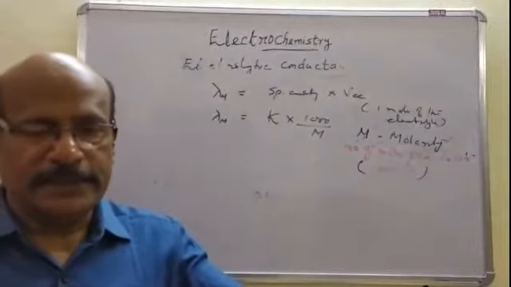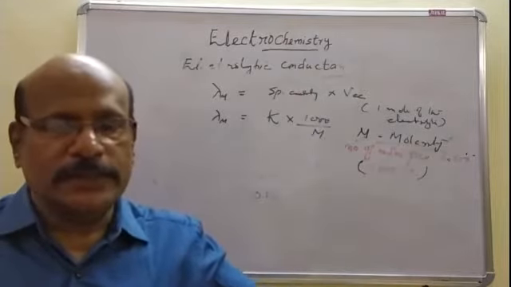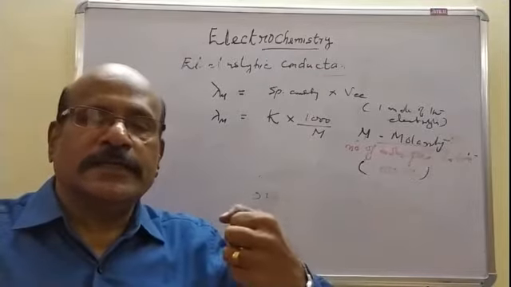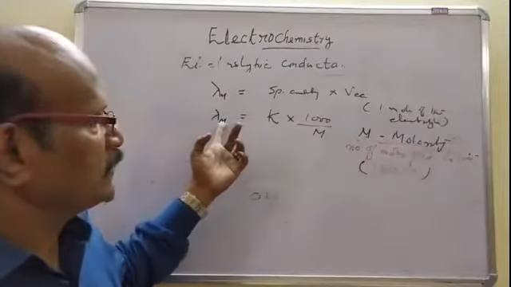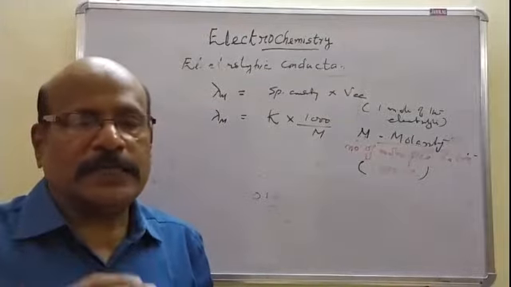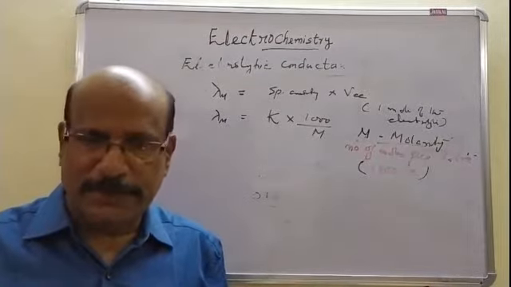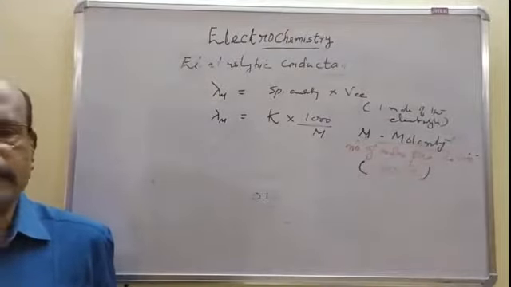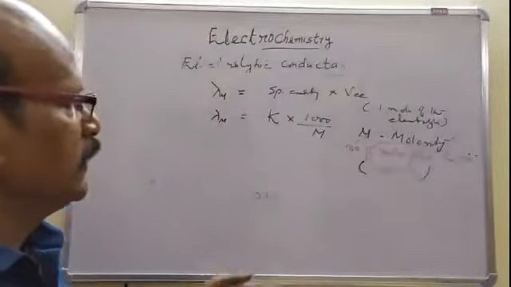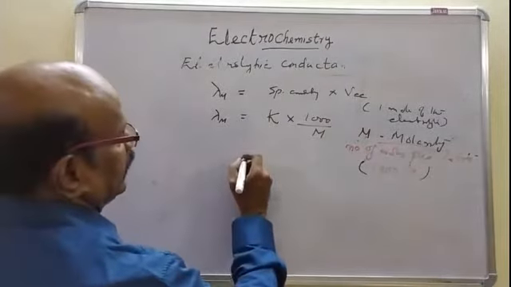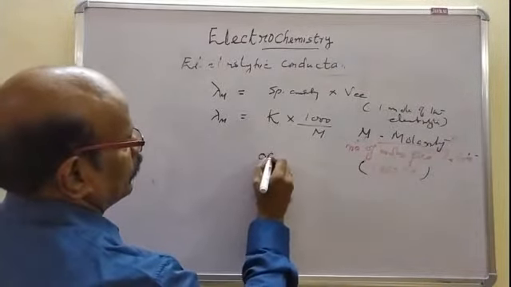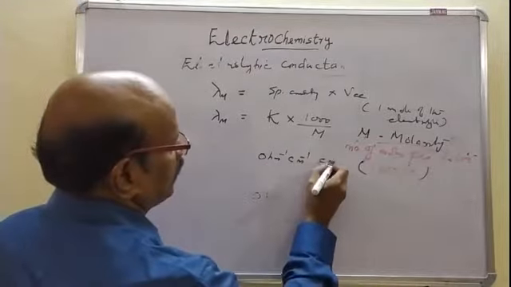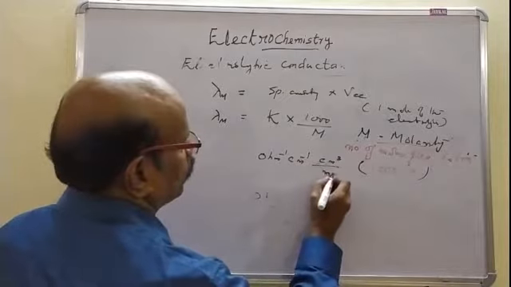Suppose you have an electrolyte in which 1 mole of the electrolyte is dissolved, and the whole of the ions furnished by the 1 mole of the electrolyte has a conductance. That conductance is the molar conductivity. Therefore, molar conductivity is defined as the conductivity of all the ions furnished by 1 mole of the electrolyte in their solution. The unit of lambda m is kappa, ohm raised to -1 centimeter inverse, into centimeter cube, divided by mole.